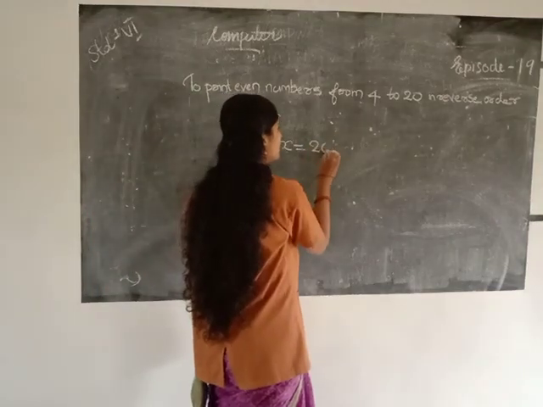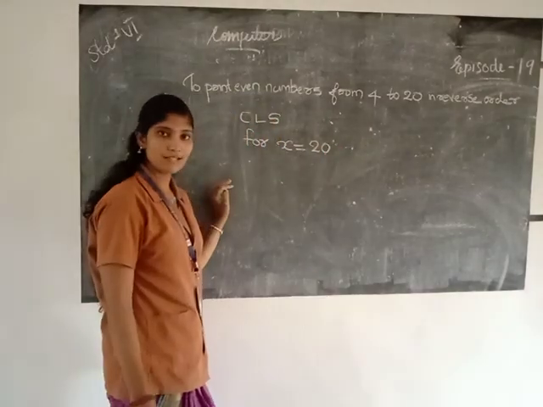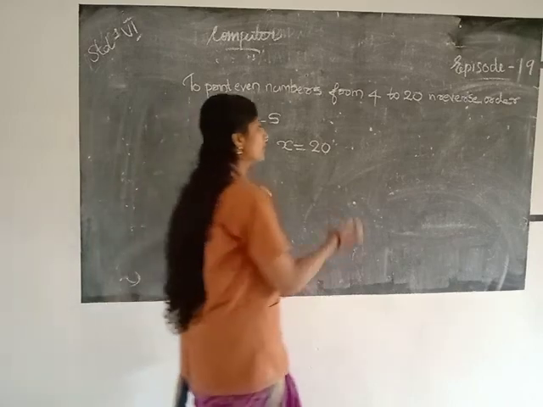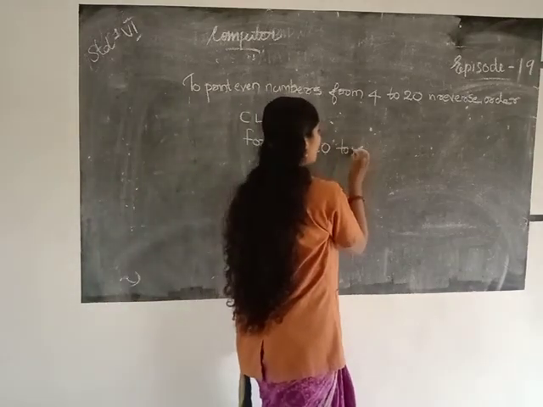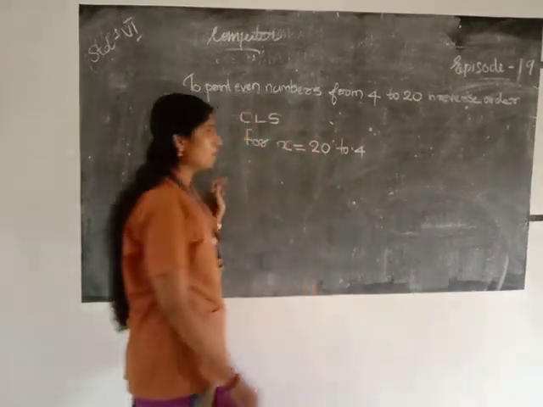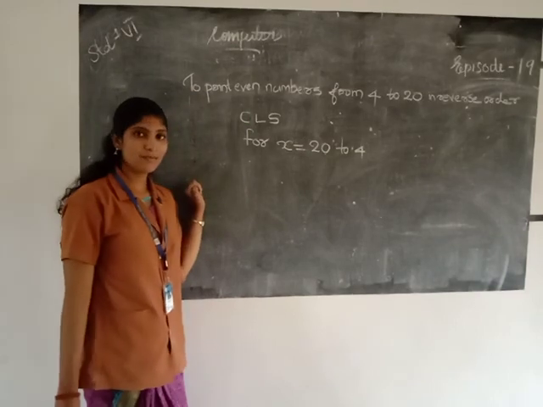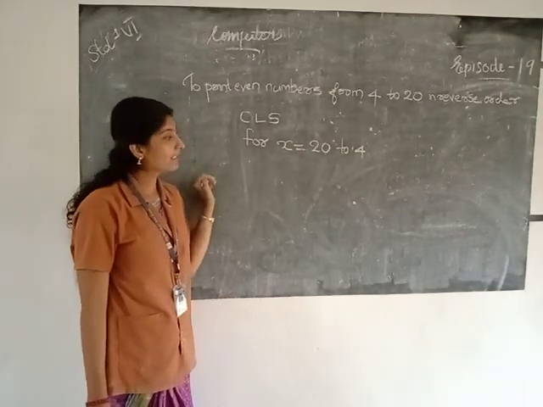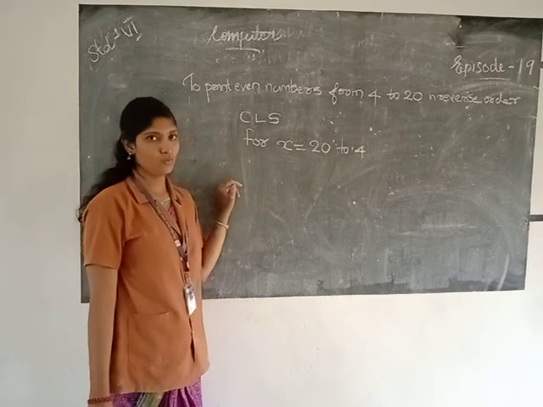The first number should be 20. So x equal to 20. 20 to where? 20 to 4. Then one more thing. In our previous question, we wrote step 2.